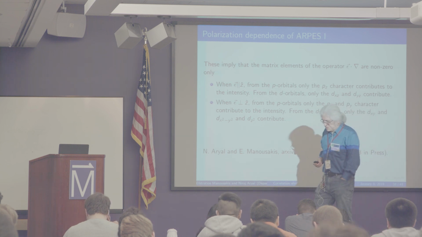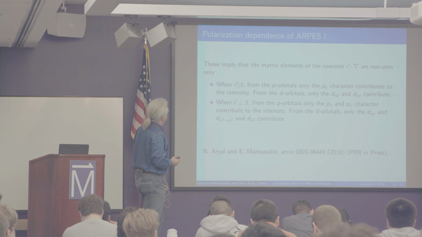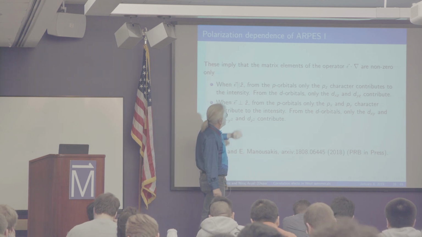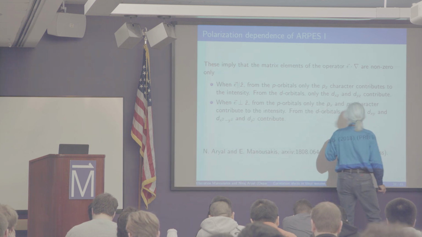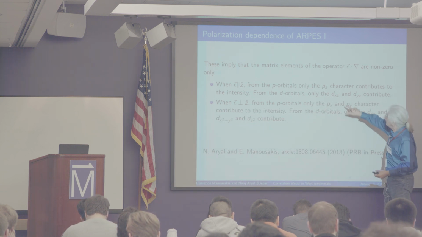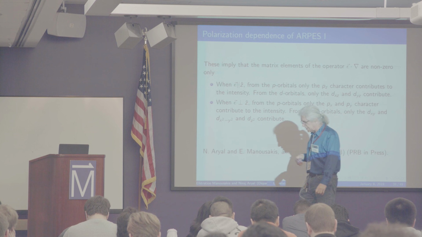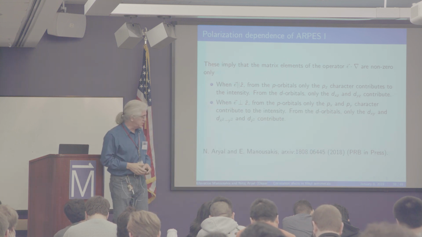You can show easily that the matrix elements that contribute to ARPES for polarization parallel to the z-axis are only from the p orbitals, only the pz orbital, and from the d orbitals, only the dxz and the dyz. You have to have a z component in order to get a contribution to the z polarization ARPES intensity.